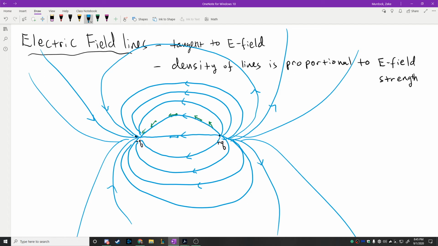I just want to mention that what I said right here is something we can put into words. We could say that the number of lines per unit area, let's say, should be proportional to the electric field strength.